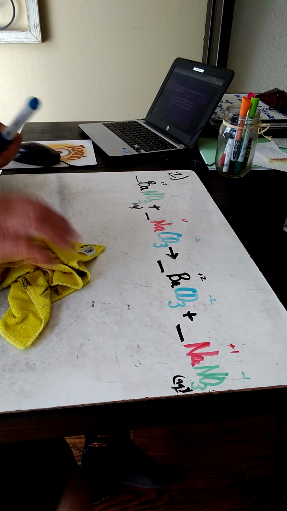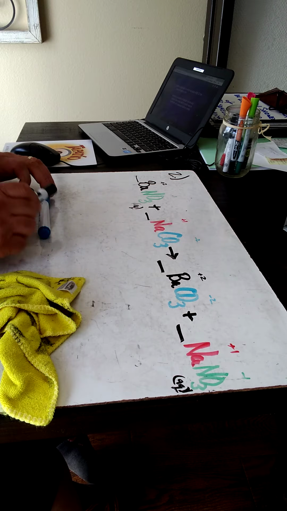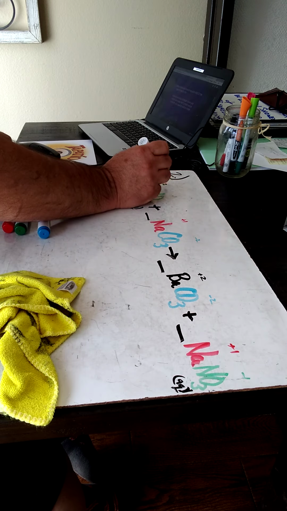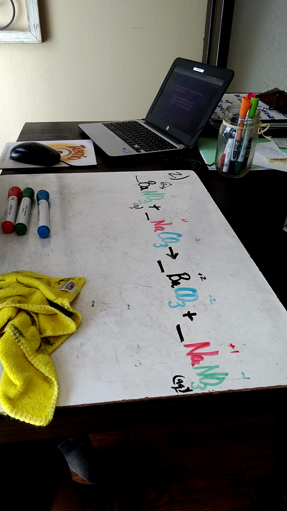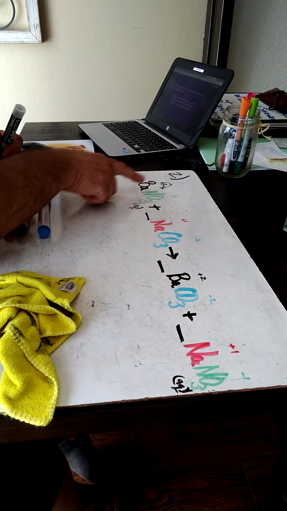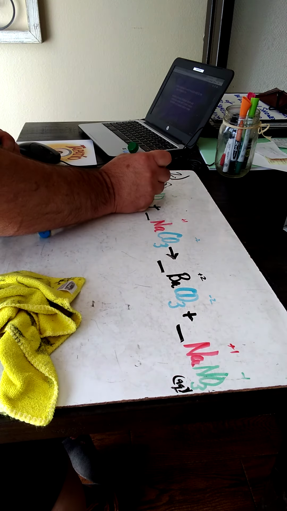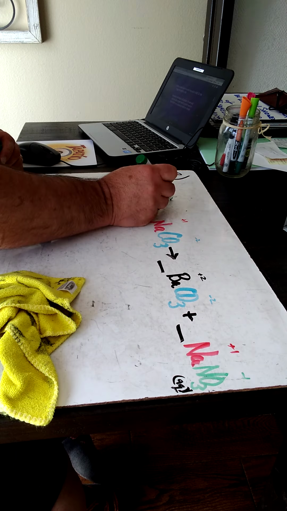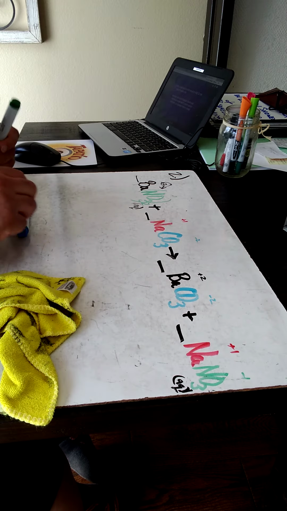Okay, so by looking at this, we are going to need to crisscross here. We don't have to worry about the 1, but we do have to worry about the 2. So the nitrate on this side, we're going to put it in parentheses, and we're going to squeeze a 2 in right there.